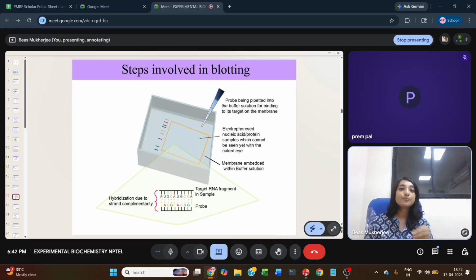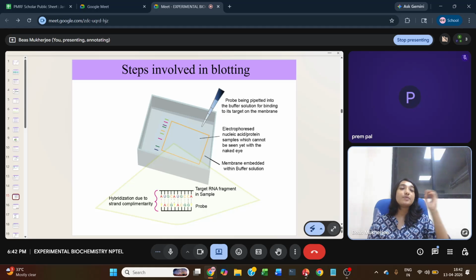Okay. So the probe is being pipetted into the buffer solution for binding to its target on the membrane. The electrophoresed nucleic acid or protein samples cannot be seen yet with the naked eye, but their hybridization is happening. So once you add the probe or the primary antibody after blocking, why is blocking important?